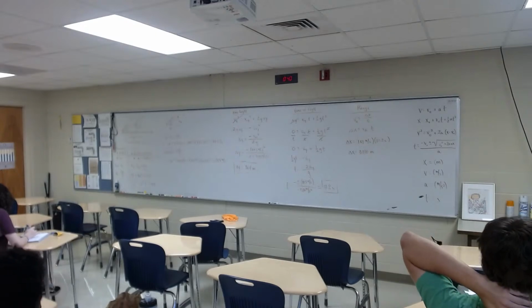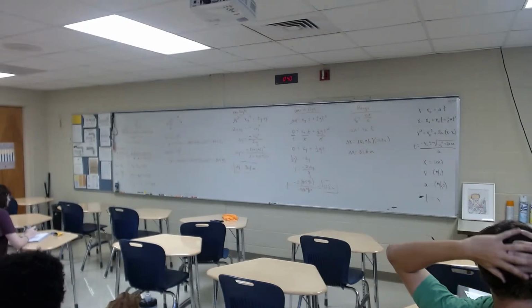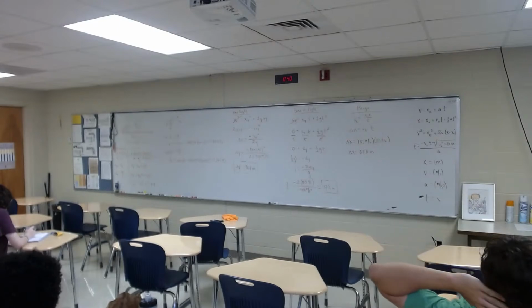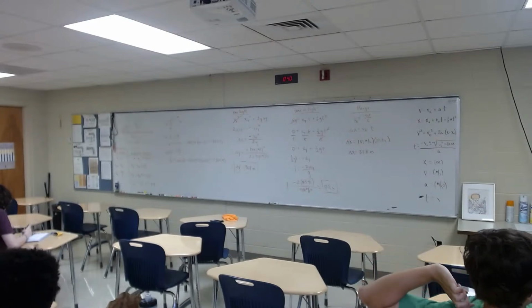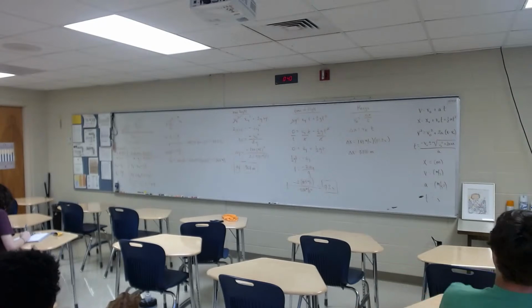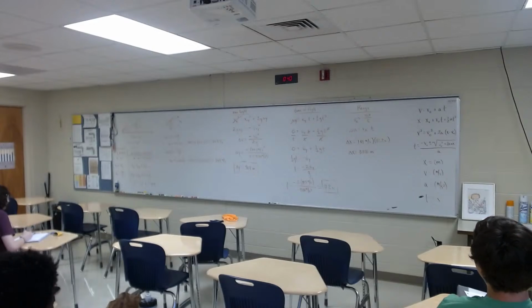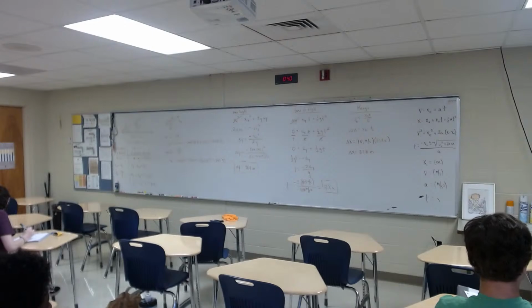Now we can make all kinds of alterations to that. We can speed it up, slow it down, change the angle. The biggest thing we can do differently here is change the delta y. We could shoot this off of a cliff. We could shoot it from the ground to the top of a cliff. So we could have a delta y that's either positive or negative, depending on whether the cannon's at the bottom or the top of the cliff, right?